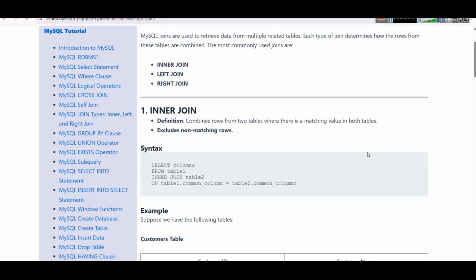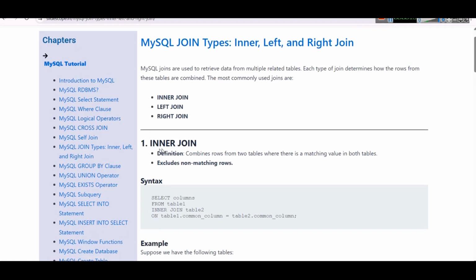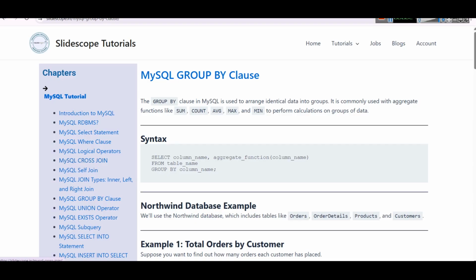We are continuing our discussion of MySQL joins, and we are now moving further. We discussed inner, left and right join. After discussing joins, we also discussed group by.